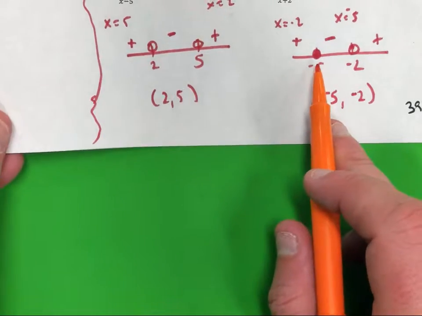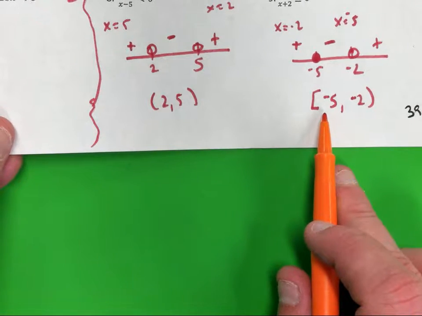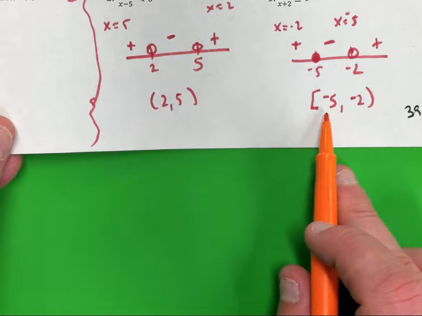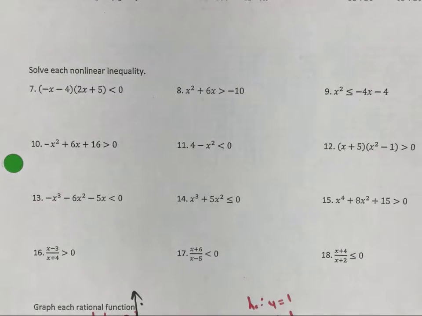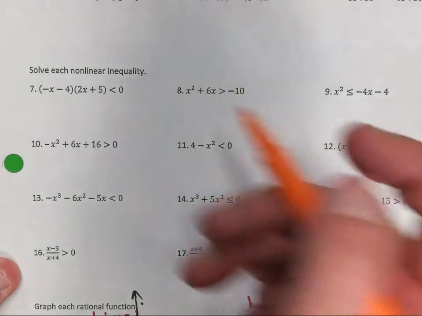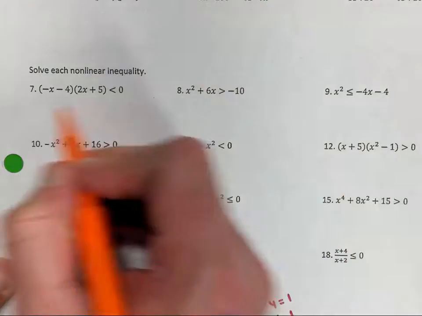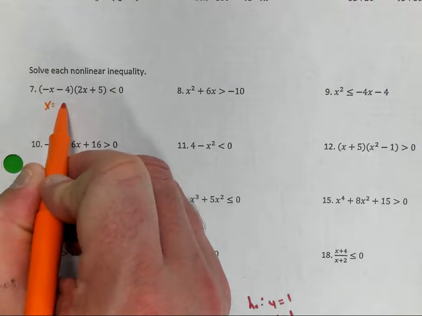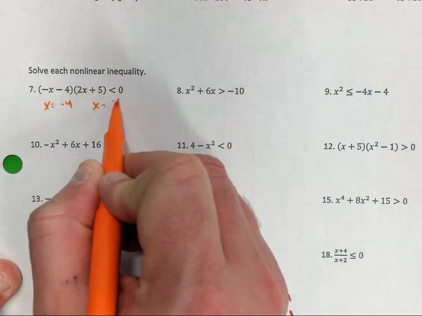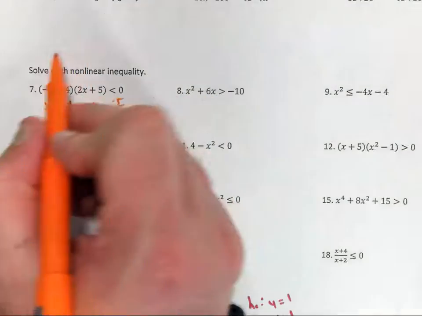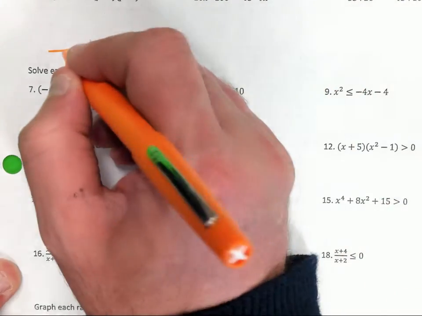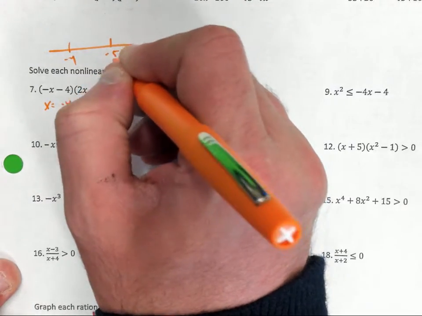Number 9. Number 9, we did put the bracket for that -5, so that's fine. Does that make sense? That one's different. All right. Number 7. We love it when it's factored form. So, what's your zeros here? X equals 4 and x equals what? Okay, so now I'm going to come up here. -4 would be here. -5 has to be here.